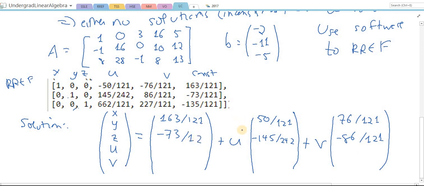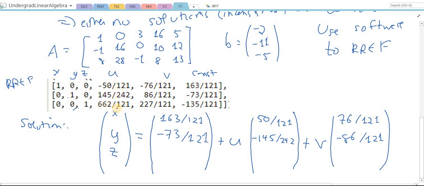Now, unfortunately, I didn't write this very well, so let me erase these and make them line up more nicely. Because what I just wrote is the y's, so let's go ahead and take these out. That's my y row, so let me just make very clear that that's my y row. All right, let's do my z row. Okay, what does the z row tell me? Z row tells me z plus 662 over 121u.